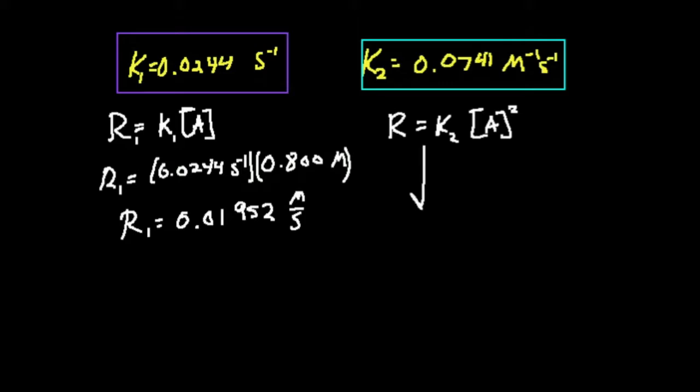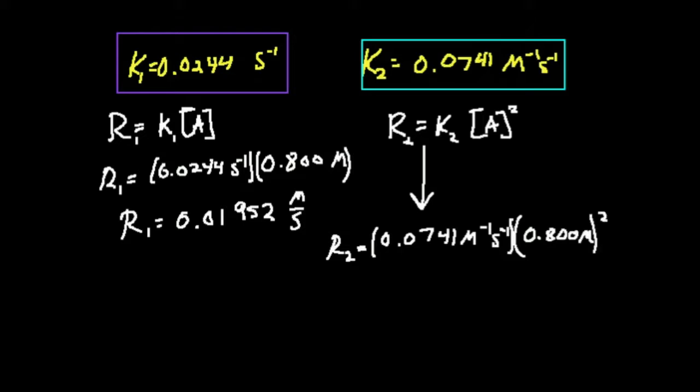Now let's do the same thing for the second order rate. So second order rate is going to be equal to the second order rate constant, which is 0.0741, that's inverse molar inverse second. And this is going to be times the concentration of A squared. Concentration of A is 0.800 molar squared. And that's going to give us the second order rate.